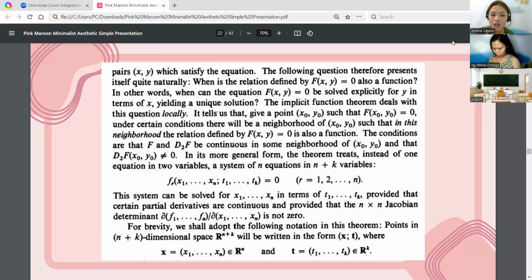These conditions are that f and d sub 2 f be continuous in some neighborhood of (x sub 0, y sub 0), and that d sub 2 f at (x sub 0, y sub 0) is not equal to 0.